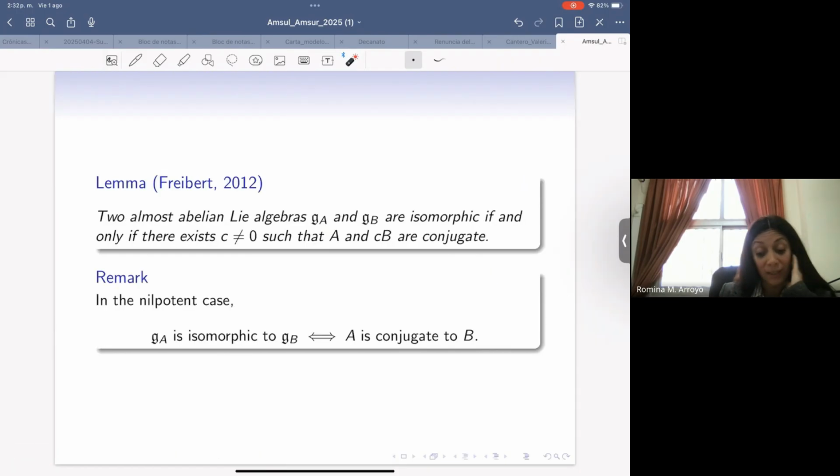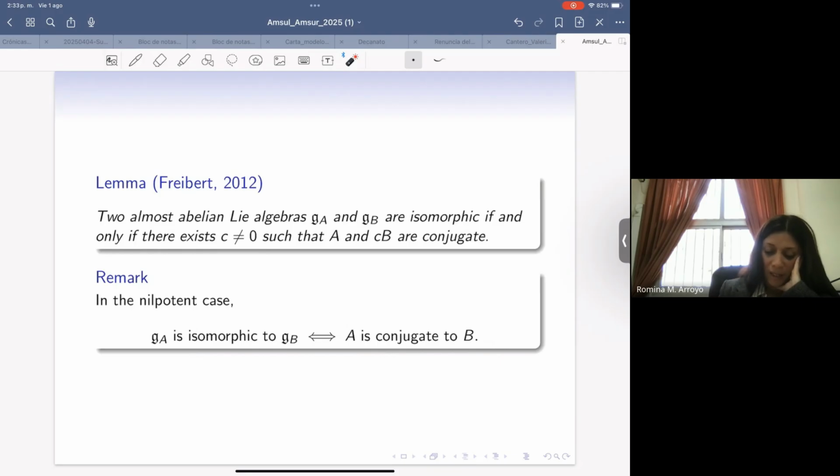And in the nilpotent case, two almost abelian Lie algebras are going to be isomorphic if and only if the matrices are conjugate. This is because of the Jordan normal form.